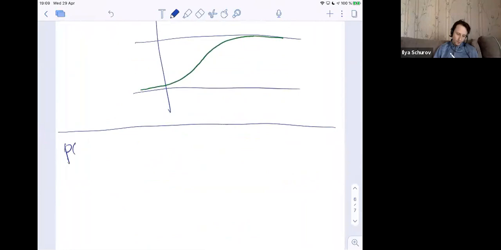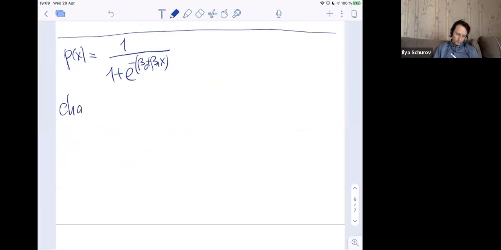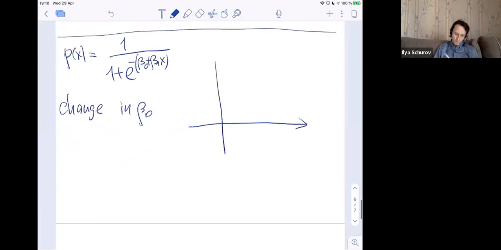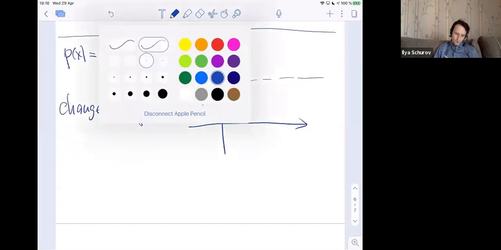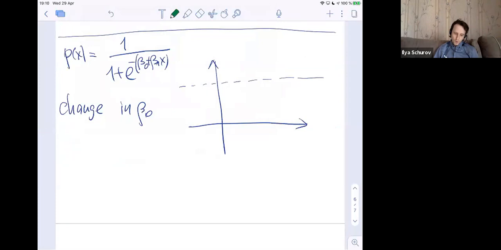We have p of x equals to... so if we change beta naught, it means that we just move this curve to the right or to the left.